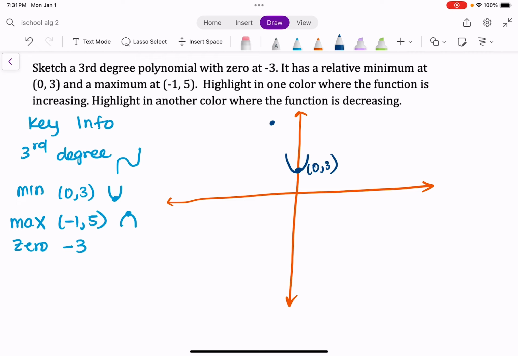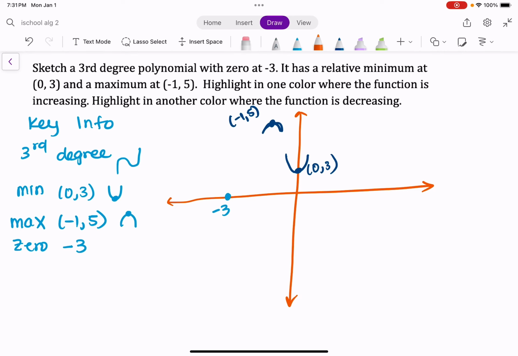The whole point, like this is not going to be perfect. You're just sketching, right? So it just needs to be generally right? It wouldn't make sense to put -1, 5 over here because that's not where -1 would be. So since this is a maximum, we're going to make it like an upside down U. And then I also know that there's a 0 at -3. So I'm going to make -3 over here. Okay? So that means it's crossing the x-axis at that point.